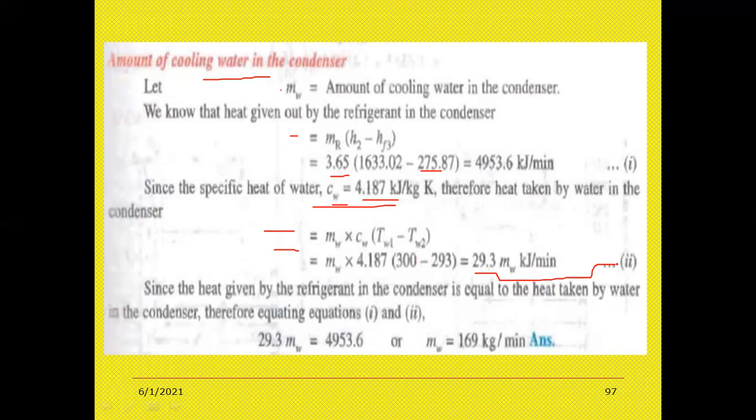Therefore, the heat given by the refrigerant in the condenser is equal to the heat taken by the water. Thereby, applying equations 1 and 2, 29.3 MW is equal to 4953.6. Therefore, the MW value is equal to 169 kg per minute.